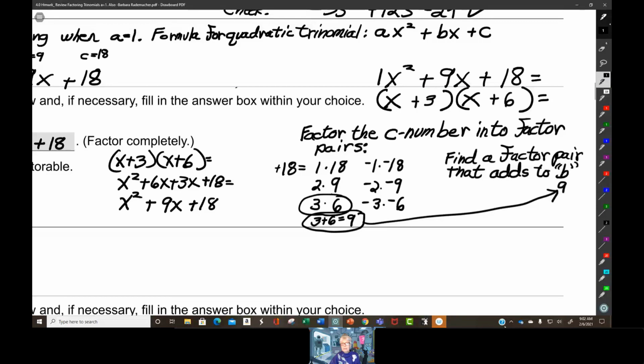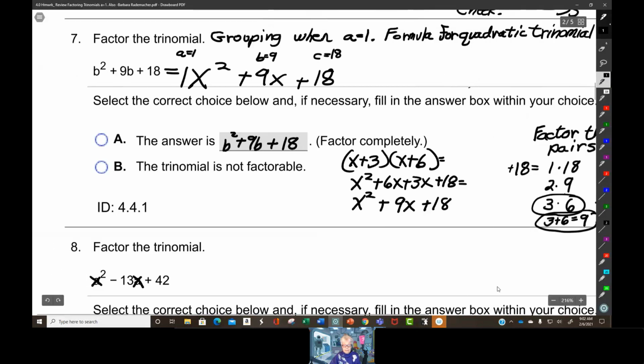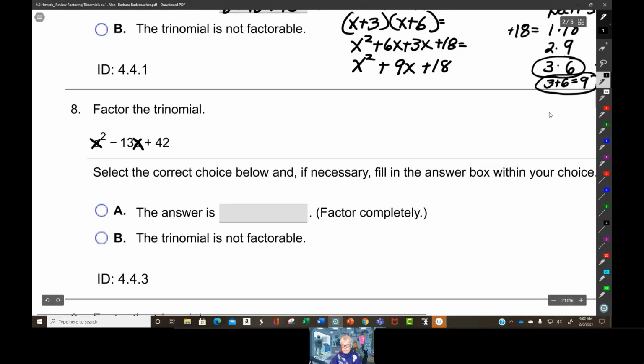Let's do it again. Suppose we have to come down here. I'll erase this. Okay. And then I'll rewrite it temporarily.